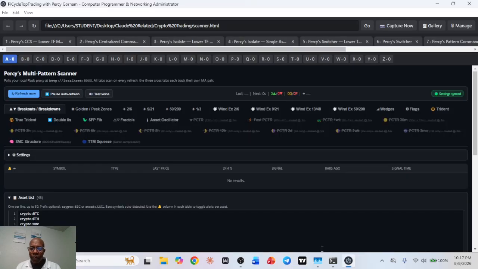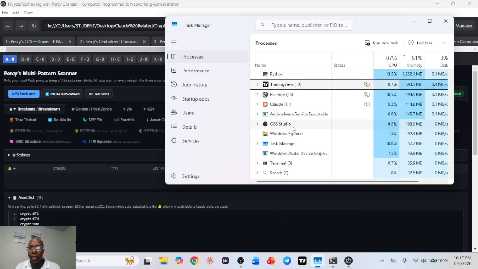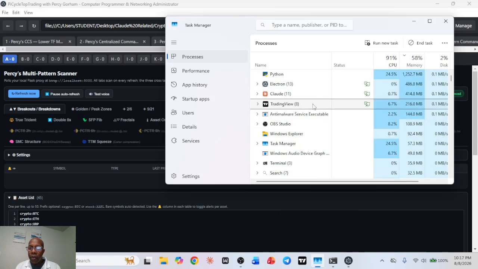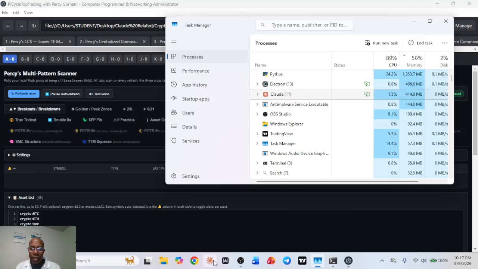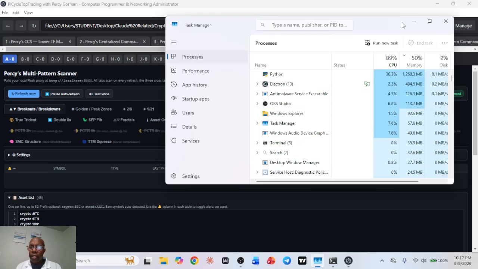Close that out. Let's make sure that closes down properly because my computer is competing for resources. Claude doesn't need to be open. Let's close Claude. And maybe we'll gain just a little bit more resource.